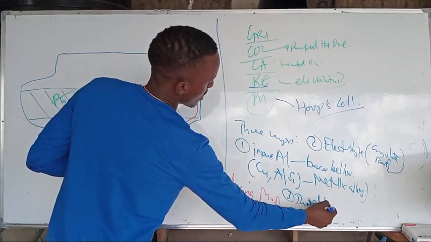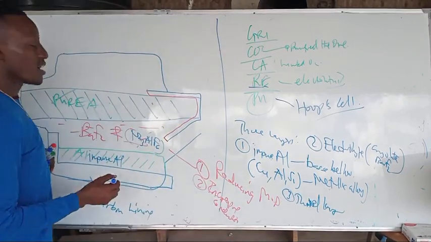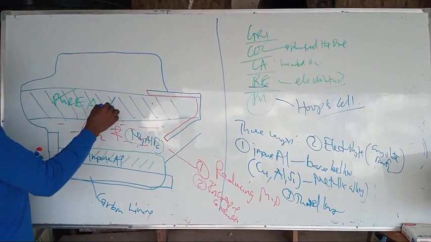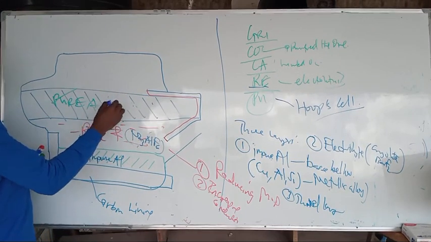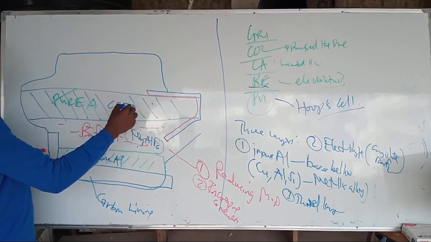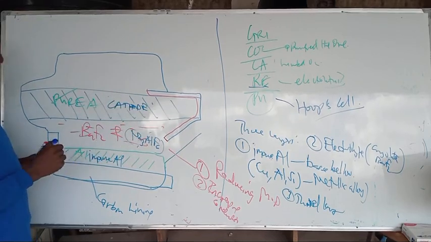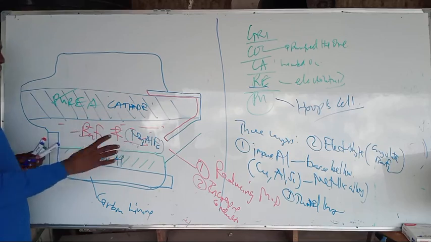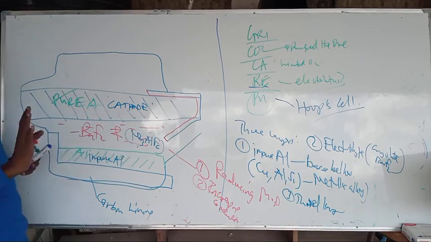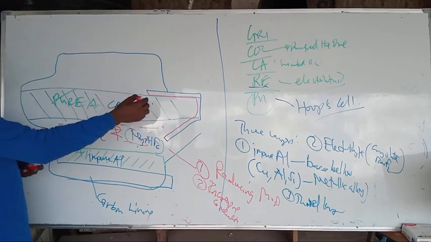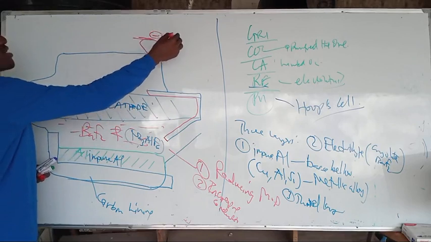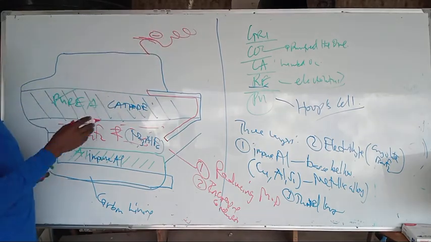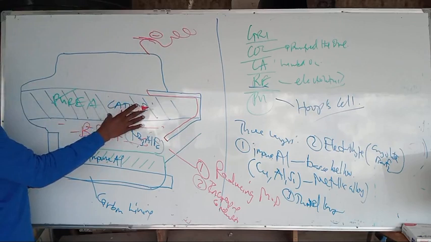Third is the pure. So what happens? This acts as the anode. No, the cathode. What's the cathode for? Look here, the mechanism, how it operates. This cathode is connected to the negative terminal, because this is the cathode, the pure.